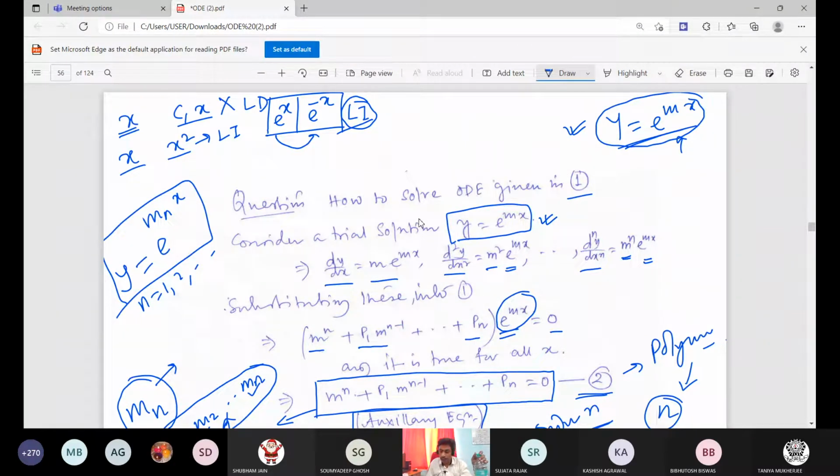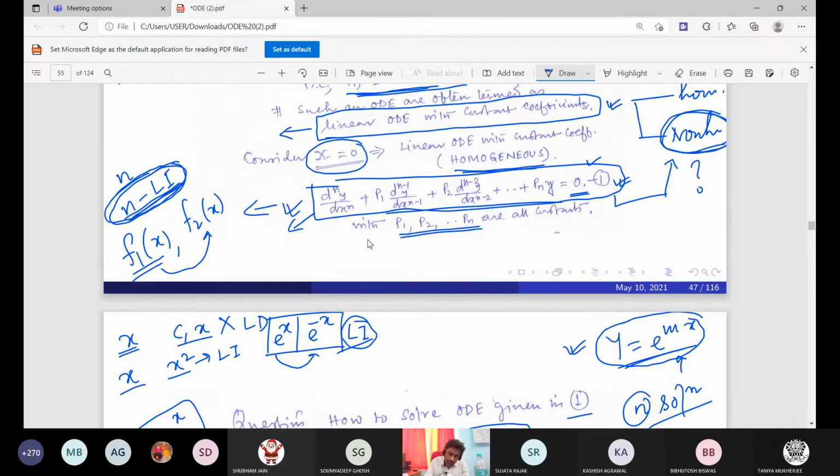We now have to look into whether they are linearly independent or dependent. If they are linearly independent, we are done with the solution, because for any nth order differential equation, we can always have n linearly independent solutions. Let me illustrate this with some example, then it will be more clear to you.